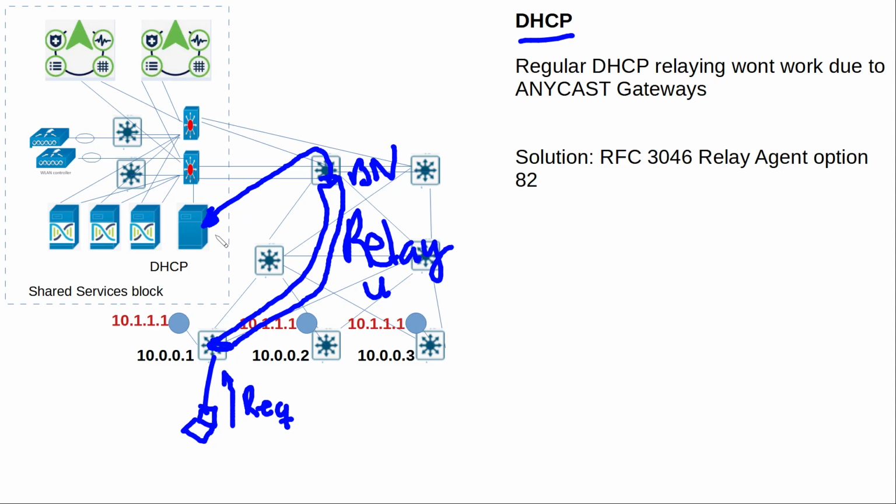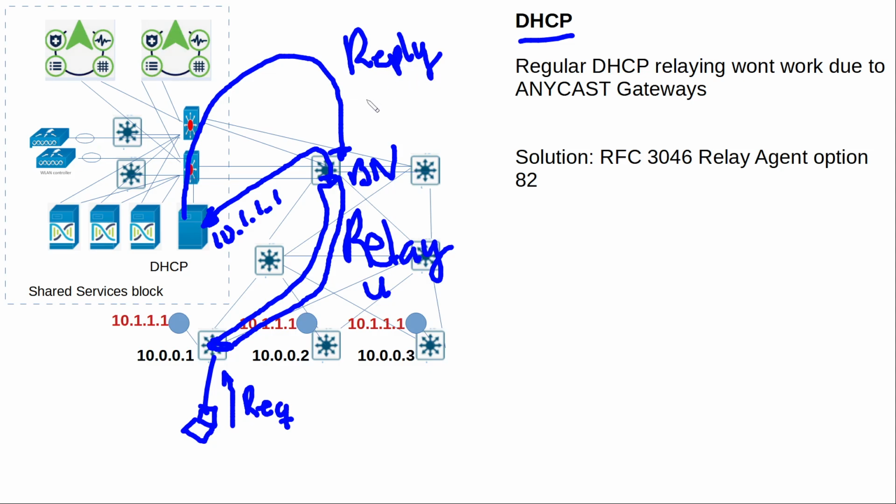It will notice that this request was relayed by the default gateway that uses the IP address 10.1.1.1, and then it will assign an IP address, and it will send a reply message including this IP address that it wants to assign to the device. And the destination IP address for this reply message will be the IP address that corresponds to the default gateway.